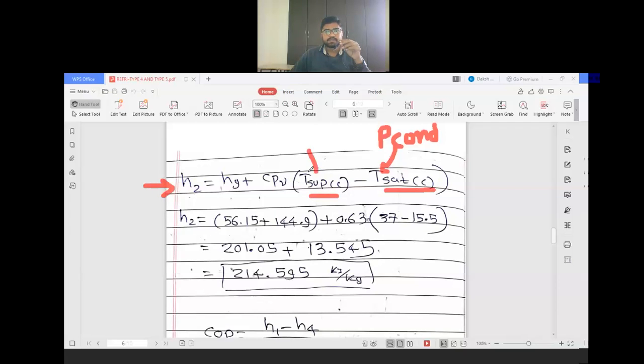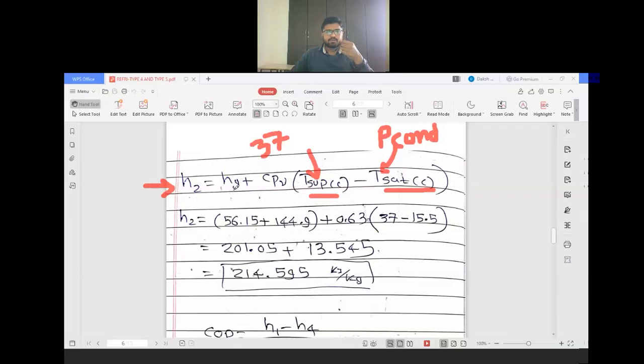Now this is our 37 degree centigrade, and this is our 15.5. You might be thinking why we haven't converted it to Kelvin. Because the difference would be the same. If you convert these temperatures to Kelvin, you will also get this answer. Clear? So if you want, you can convert them to Kelvin.